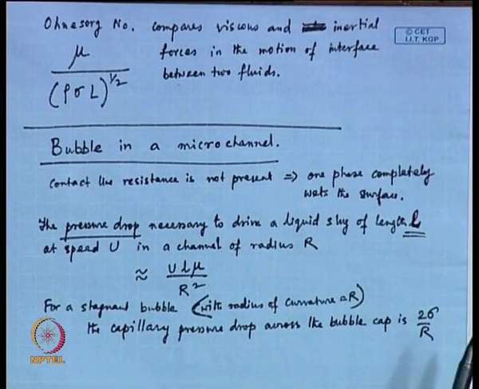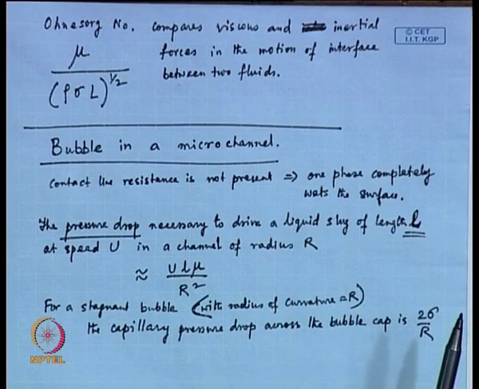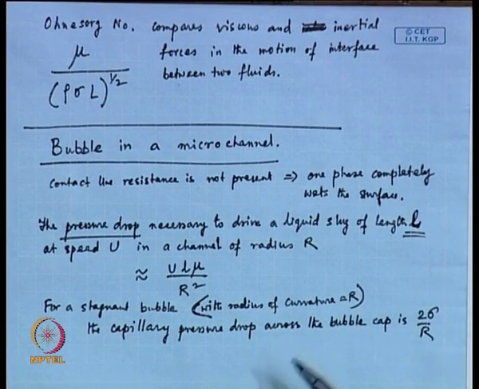If you try to find out what would be that length of the liquid slug, for driving that length of the slug you need a pressure drop, and you are trying to equate that pressure drop. So, you want to get a feel for what would be the liquid slug length equivalent of this Laplace pressure.